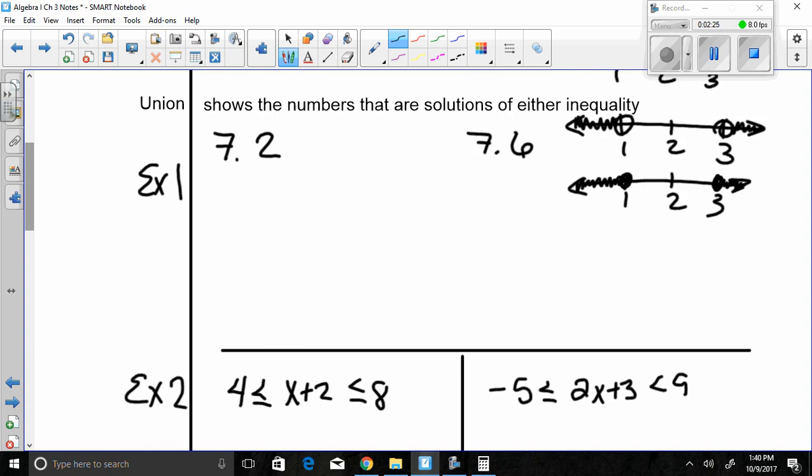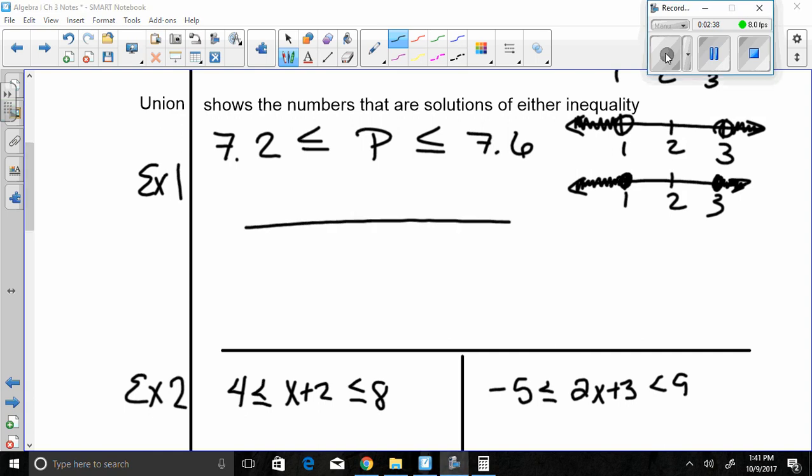So we have 7.2 has to be less than or equal to whatever our pH is, which has to be less than or equal to 7.6. So if we were to show that on a number line, we would show it like this. We know we have to have 7.2.